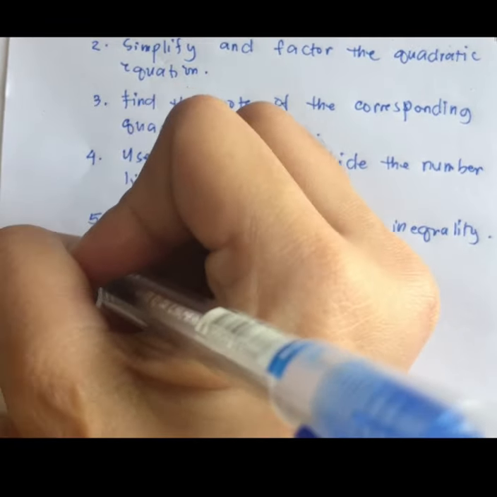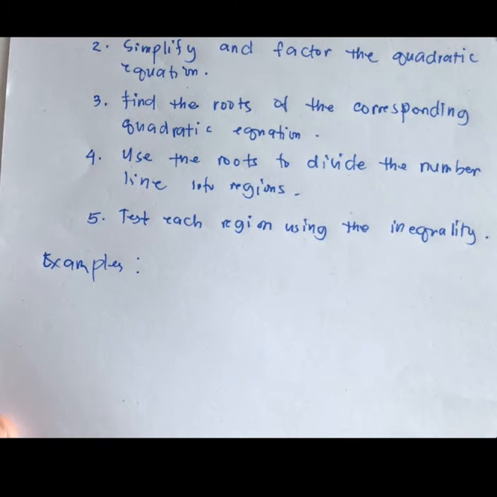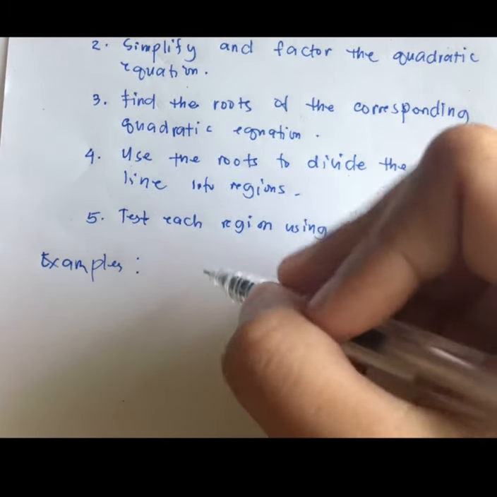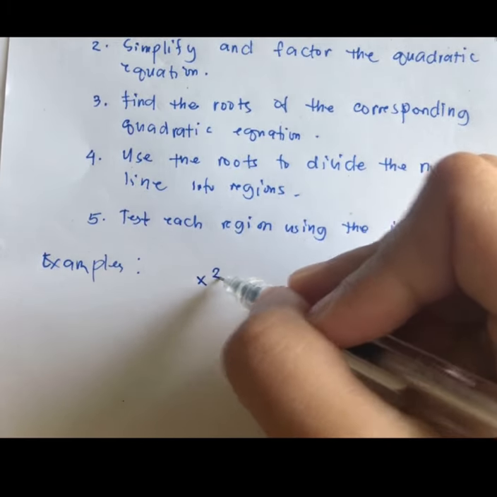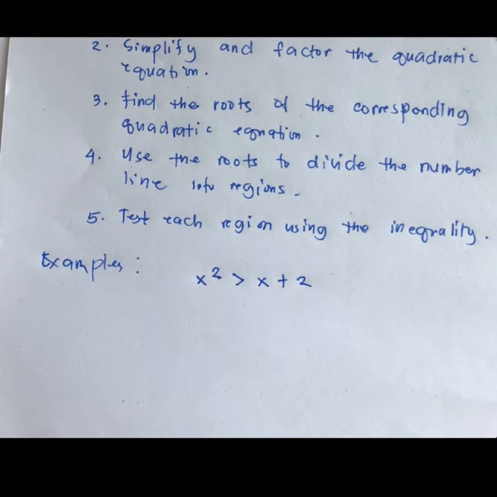Okay, example. We have to write it down. Examples. If I have here an inequality, x squared is greater than x plus 2, what am I supposed to do? What is the first step that I am going to take?